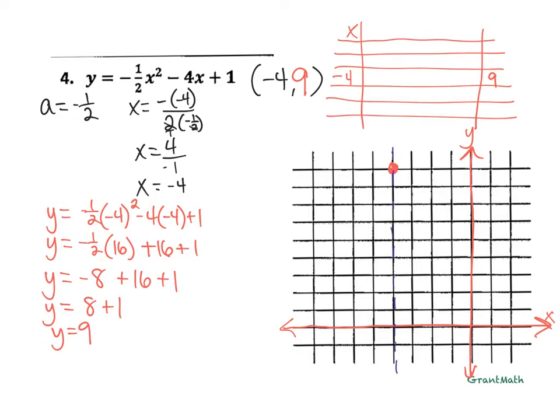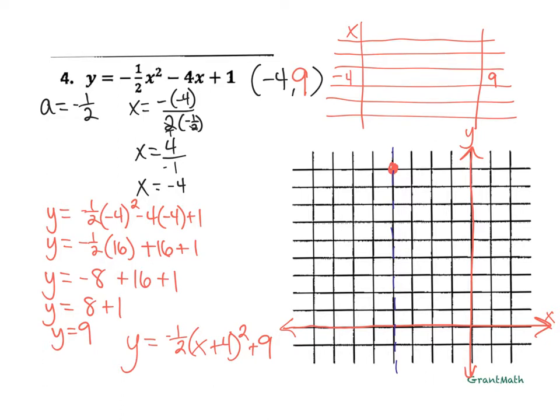Let's write vertex form. Y equals -1/2 (x plus 4) squared plus 9. There's vertex form. Here's my vertex. Here's my purple dotted axis of symmetry.